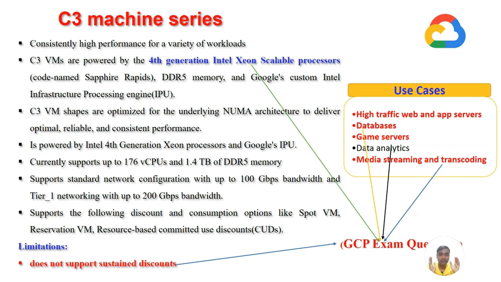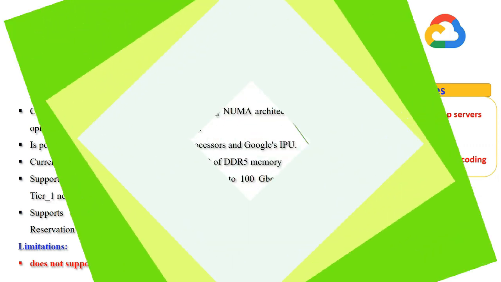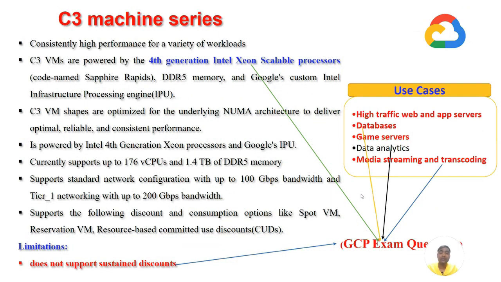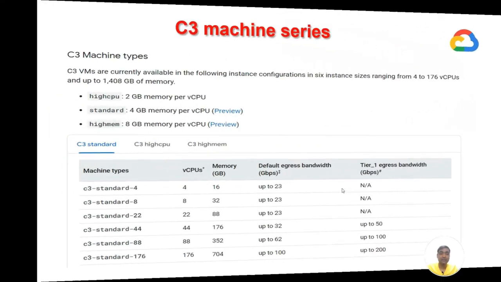If you want to create a database server, game server, data analytics, media streaming and transcoding, then the C3 machine is best suited for your requirement, based on your customer requirement also, guys. I hope now you understand all the machine series types in the general purpose machine type family.